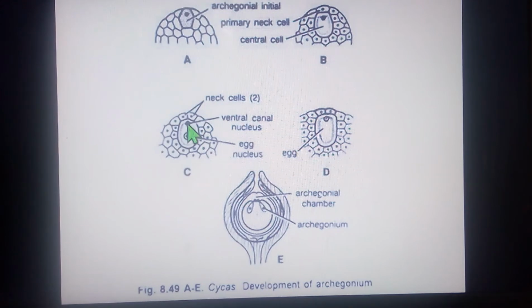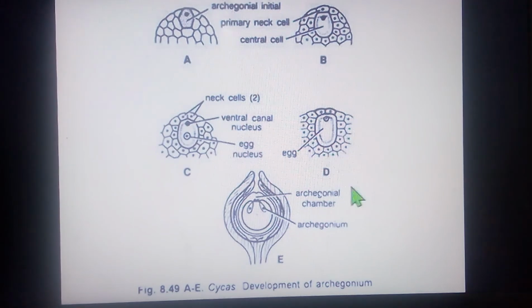You can see here, this is the neck cell. So the ventral canal nucleus moves towards the neck of the archegonium, and later on it will degenerate. You can see here in figure D, there is no ventral canal nucleus because it has already degenerated.